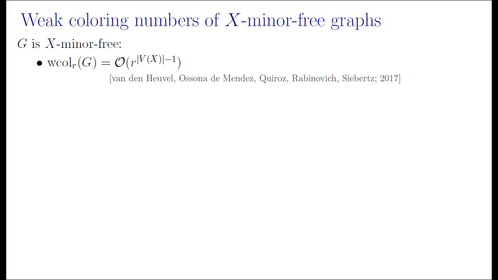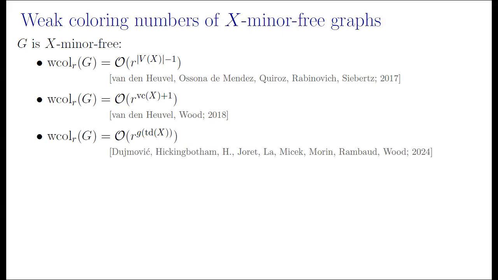We want better bounds depending on the structure of X. If X is simpler, then maybe we can do something better. So, for example, we can replace the number of vertices with the vertex cover number, and we obtain a bound like this. Next, after vertex cover, something natural to consider is tree depth.